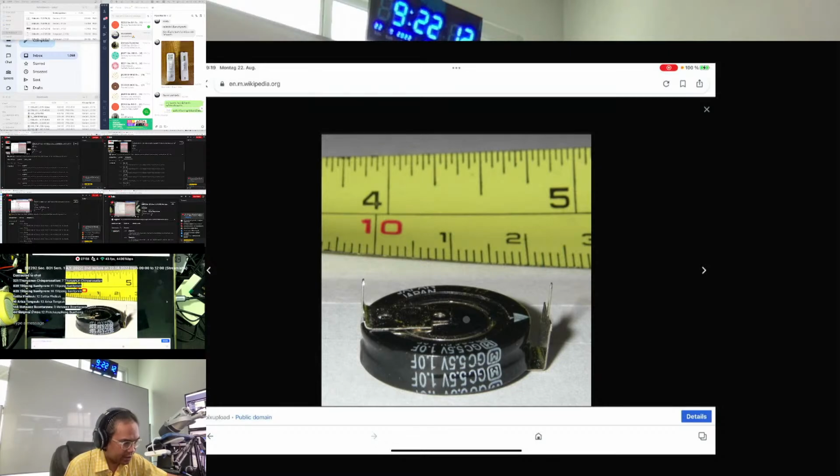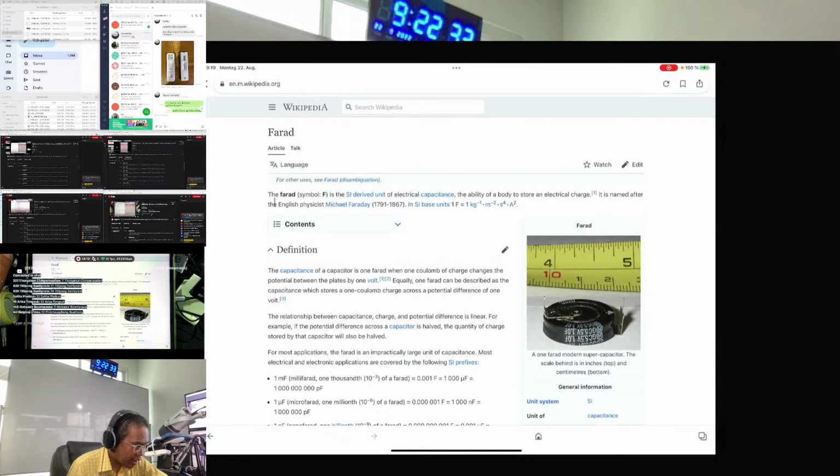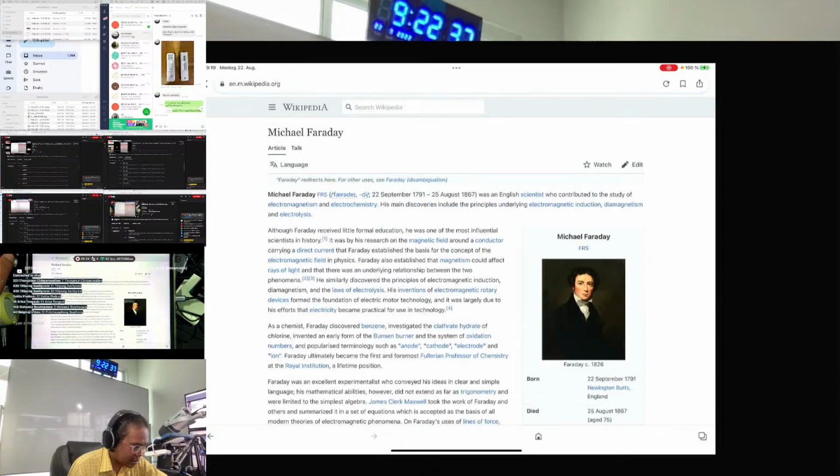You have two plates, the upper side and the lower side. Here you can see it can sustain 5.5 volt and 1 farad. Farad is derived from the English physicist Michael Faraday.